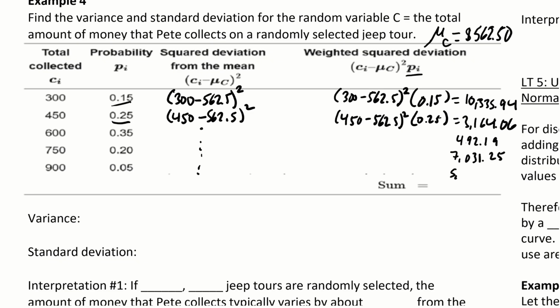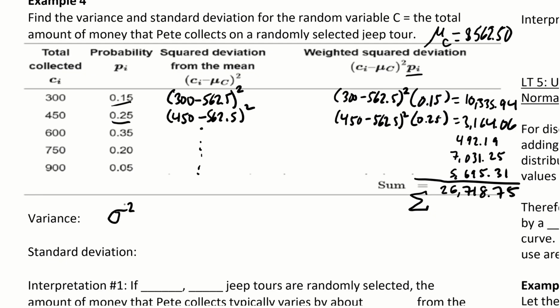And we got 5,000 for the last one, 695.31. All right, and so now what you're going to do is add these together. So you're going to do the sum, right? And you get 26,718.75. And that, folks, is your variance.